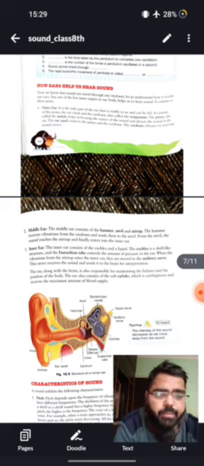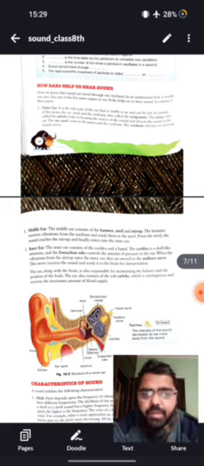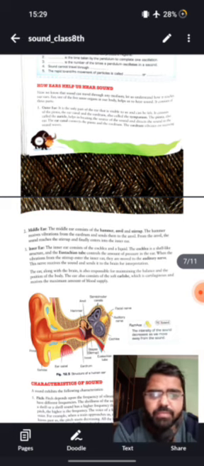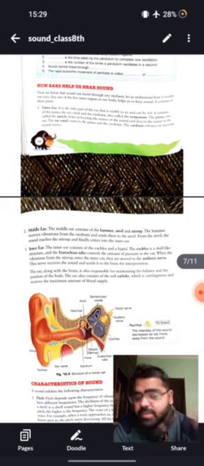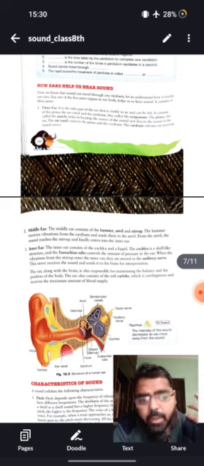I'm just saying the names of the parts; how sound travels, we'll see now, right? In the inner portion we have the cochlea and the eustachian tube, which is finally connected to the auditory nerve. So when someone is speaking and we are hearing something, it is the vibration of the particles that is coming to our ears.